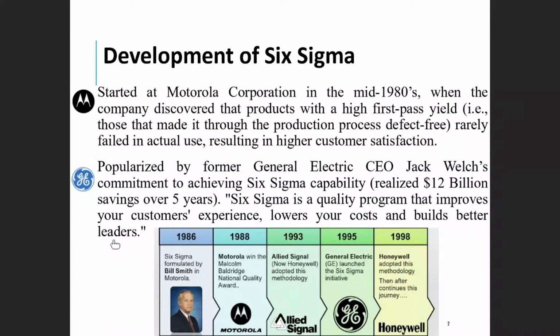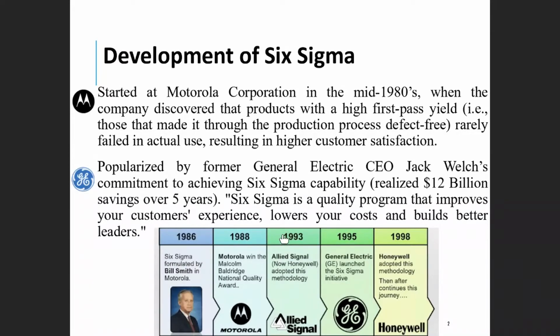The beginning was from Motorola in the mid 80s by Bill Smith, and then General Electric launched the Six Sigma initiative that we see today in 1995. Other companies also adopted Six Sigma after Motorola developed the concept.